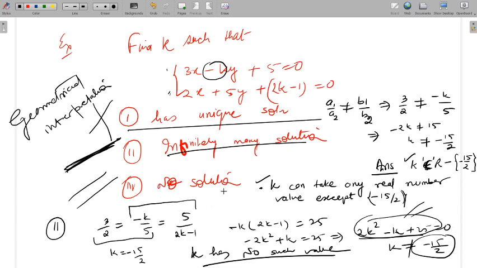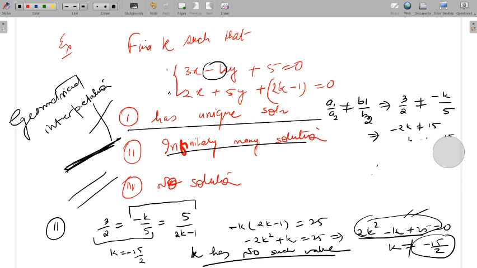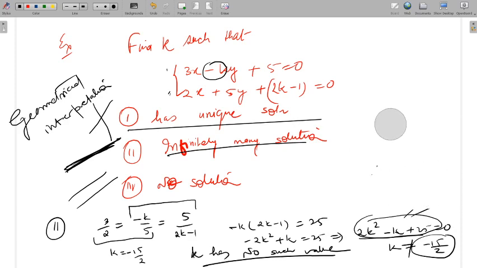Now for no solution, the third condition is what? For no solution, right? Okay, so let me erase this part. So for the third, you will write 3 by 2 is equal to minus k by 5.